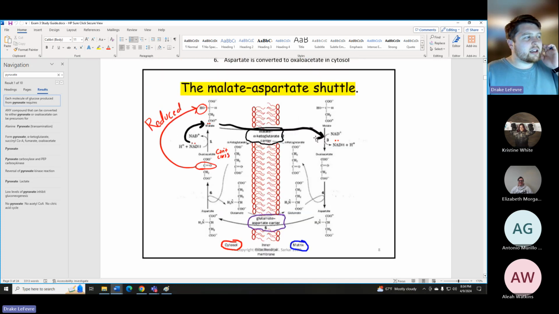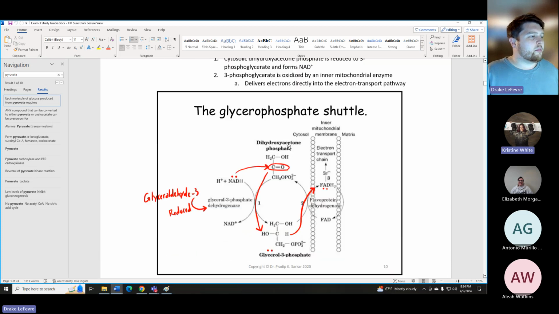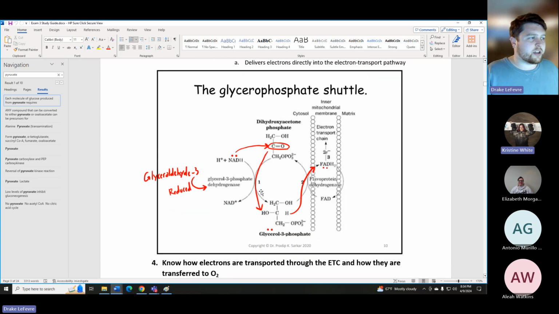Most commonly, he'll ask about the malate aspartate shuttle, but if he does ask about the glycerophosphate shuttle, the biggest thing to remember is that we use glycerol 3-phosphate and a flavoprotein dehydrogenase to take the electrons from an NADH, put them onto an FADH2, and that can go straight into the electron transport chain.